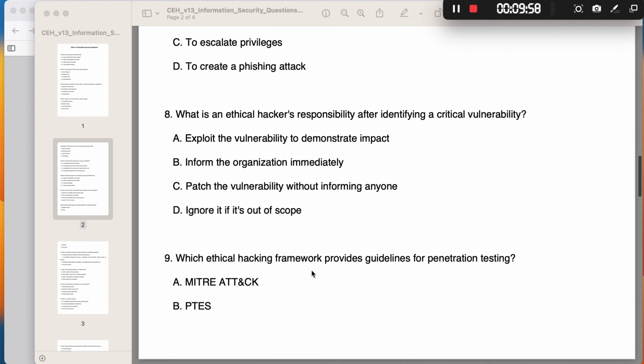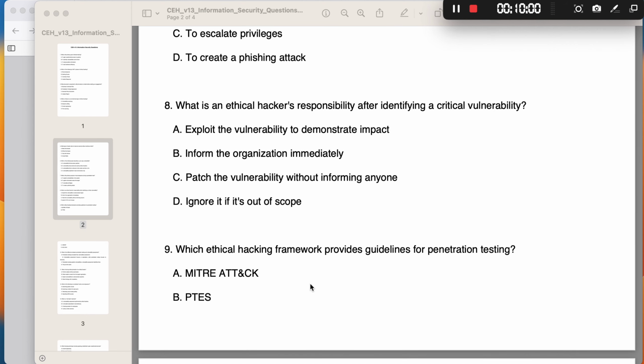Next question: what is an ethical hacker's responsibility after identifying a critical vulnerability? So you are working on an engagement and you find a vulnerability that you know has publicly available exploits and nobody in the organization knows except you.